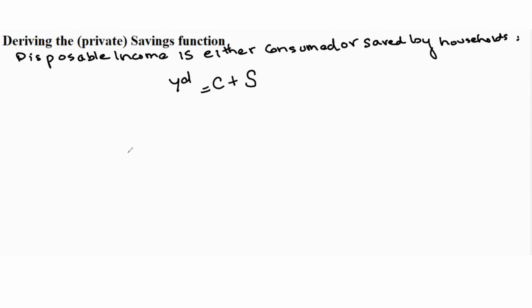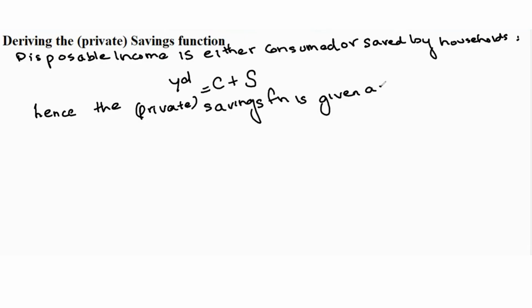S represents private savings. Hence, the private saving function is given as S is equal to YD minus C, right?